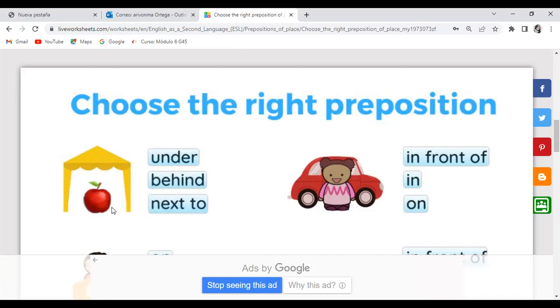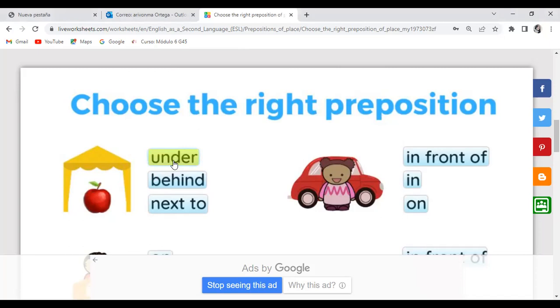Under, behind, or next to? Any volunteer? This is a tent. Esto que vemos en amarillo es como una tienda. Under. Okay, Catalina, it's under.